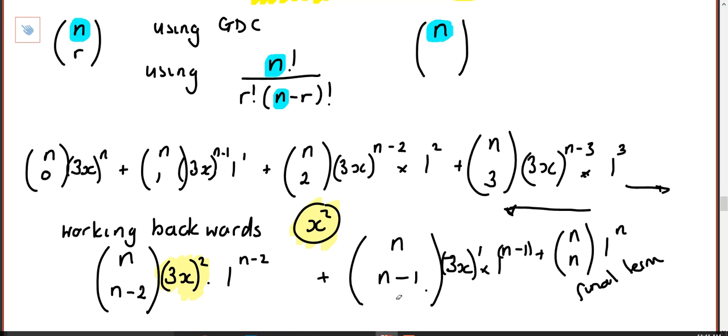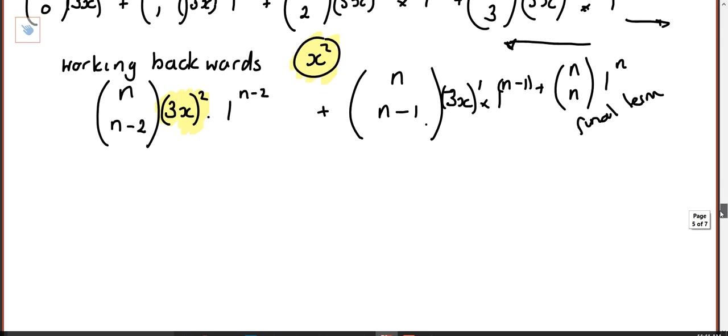We don't know what n is. Okay. But at least we've got this term. So using this, we've got n choose n minus 2, which I'll ask you about in a minute, whether there's anything we can do to make it easier. Alright? And we've got 3x squared.